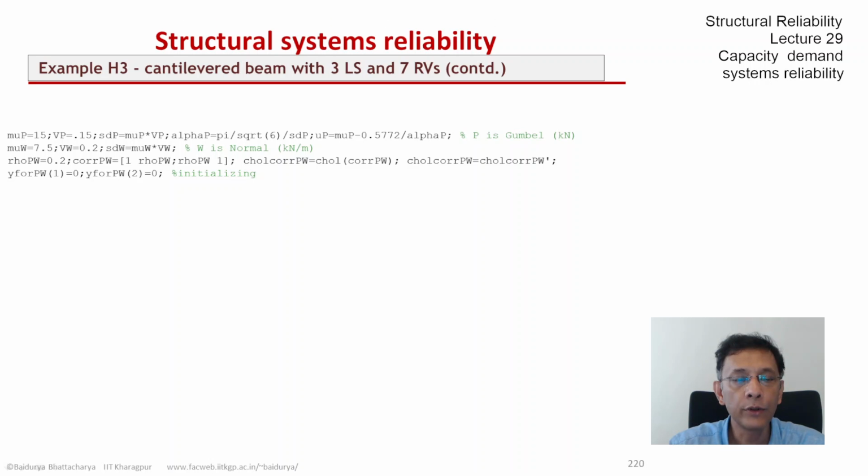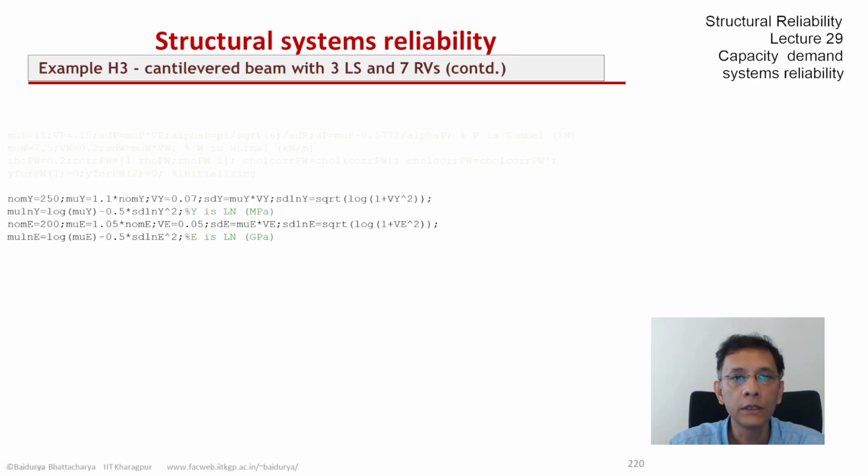And I would like to have the lower triangular form, so that's why I take the transpose of that, because somehow Matlab gives the upper triangular form. And then because I'm going to use these later, I initialize the vector y for PW 1 and 2. And I'm going to need that because I'm going to combine two independent normals through this sort of Cholesky factor.